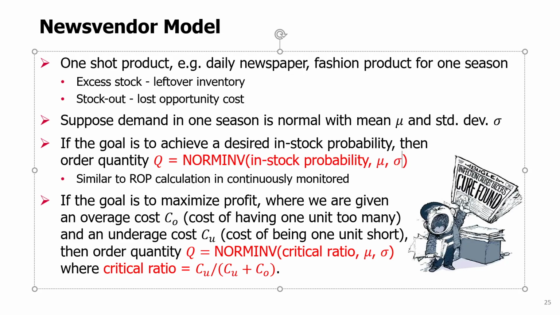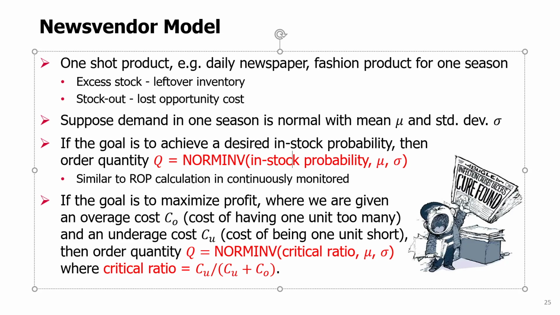But notice this time this actually includes both a kind of cycle and safety inventory. This is the inventory that you order for the whole season, assuming you have just one ordering opportunity. And this inventory, of course, depends on your forecast of demand for one season.